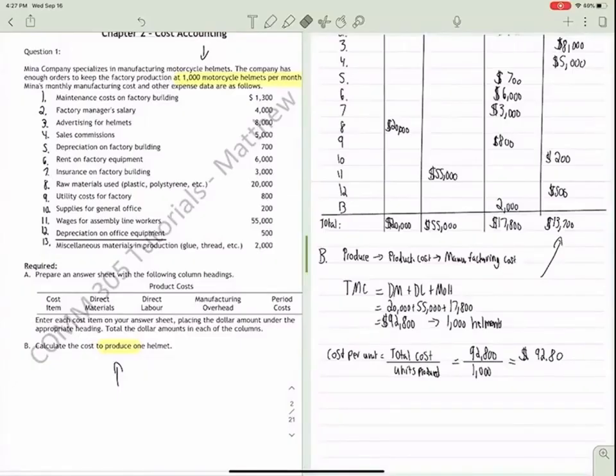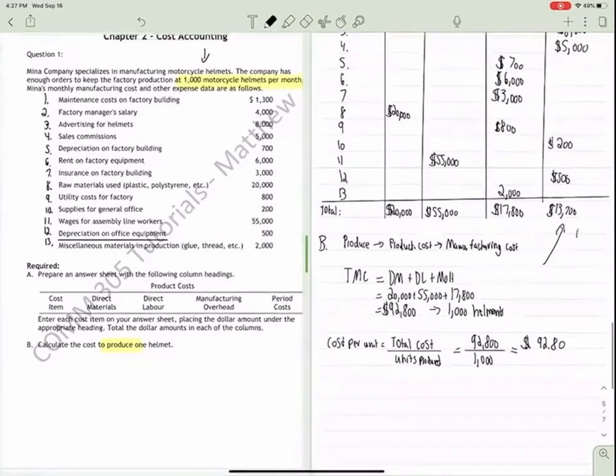When you're actually reading the question, be careful. If they're asking you the cost to produce, you guys know that's a product cost. If they're asking for the total cost, then you add the period cost as well. Because the total cost includes the cost to make it and the cost to sell it. So I encourage you guys just be very careful in reading. It says the cost to produce, therefore only product costs.